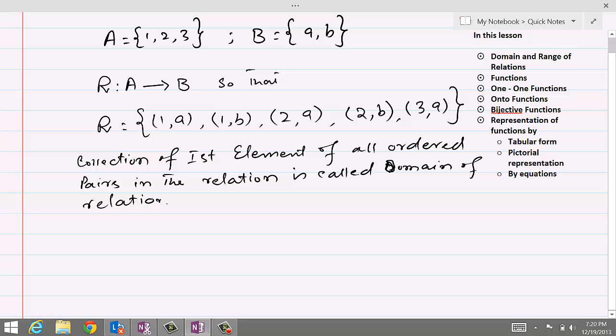It is denoted by dom of the given relation.